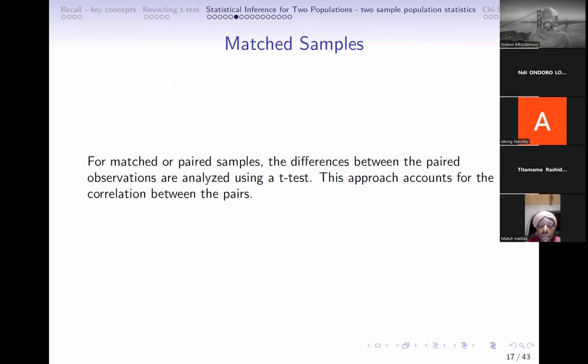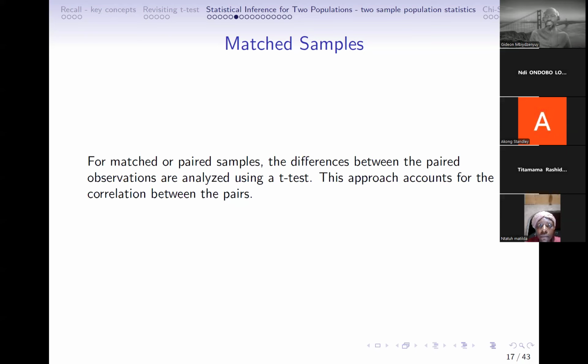Instead of dealing with these two groups or two populations, we will calculate the difference in the answers for every single student and calculate the statistic using those differences. That's the difference with the matched samples. So the data itself is the differences between these two populations.